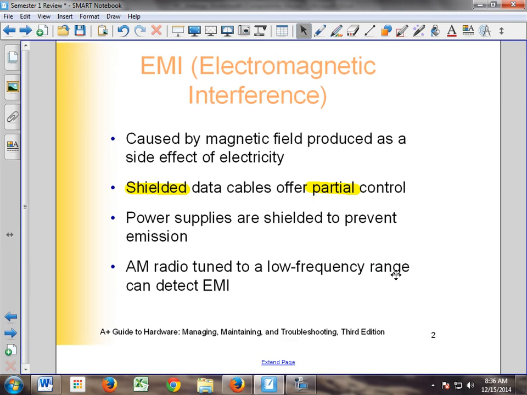We can use the AM radio to detect electromagnetic interference, and shielding of cables is what protects from EMI. We just got done removing all of these because I think we've got an EMI problem. All these electrical lights create electromagnetic interference, and these Belkin cables that we had aren't shielded well enough, so you get distorted pictures.